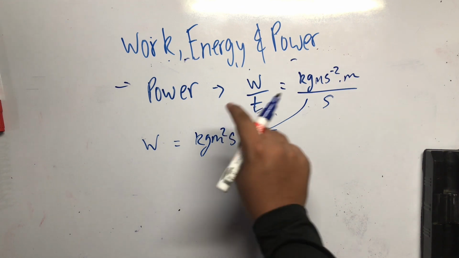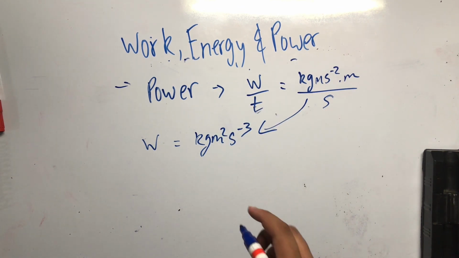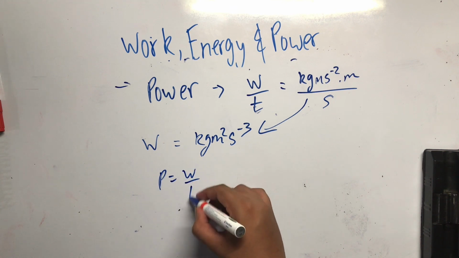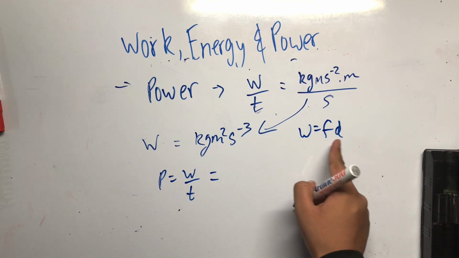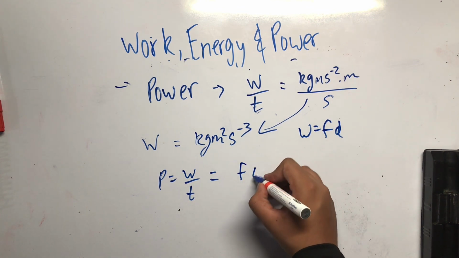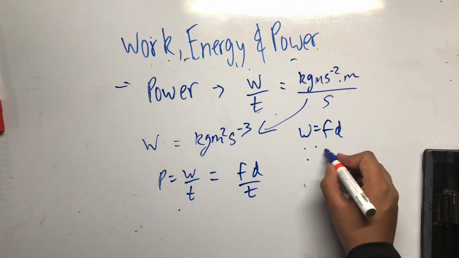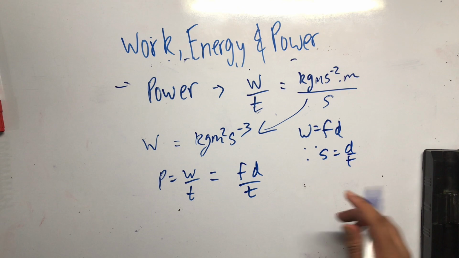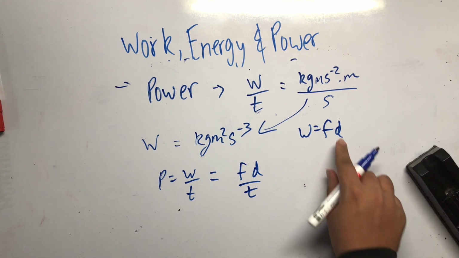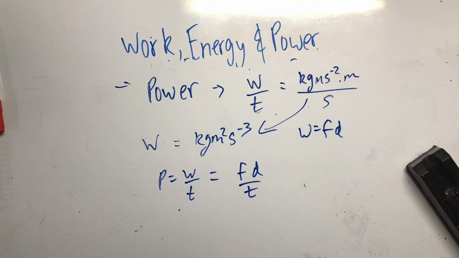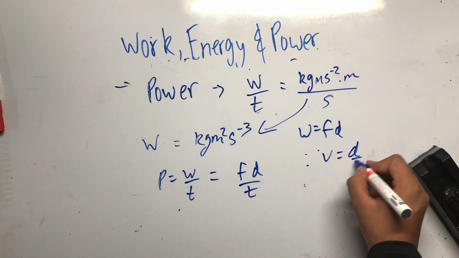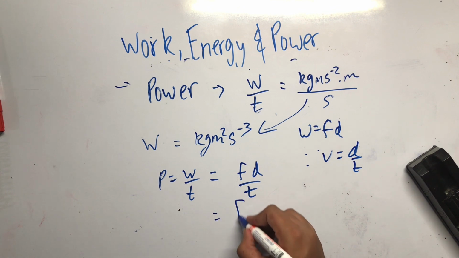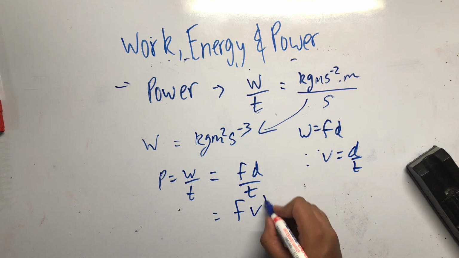So since we know that power is equal to work done upon time, we have two equations for power. Power is equal to work done upon time. Work done is equal to force times distance. So we just substitute force times distance in this equation: force times distance upon time. And since here this is essentially the displacement of the particular object in the direction of the force, since velocity is equal to displacement upon time, power is equal to your force times velocity.